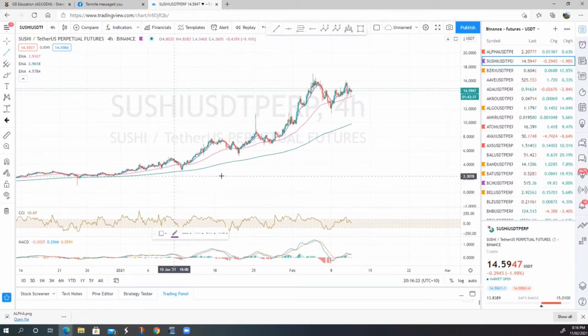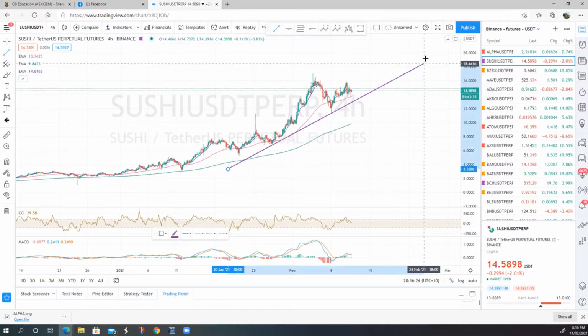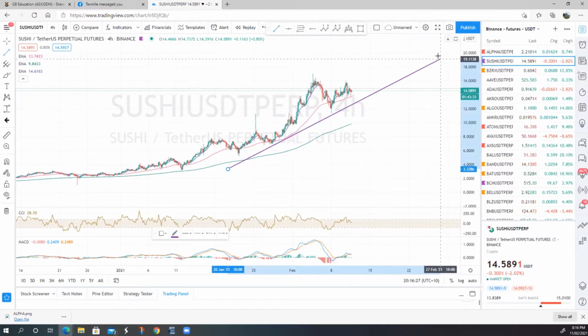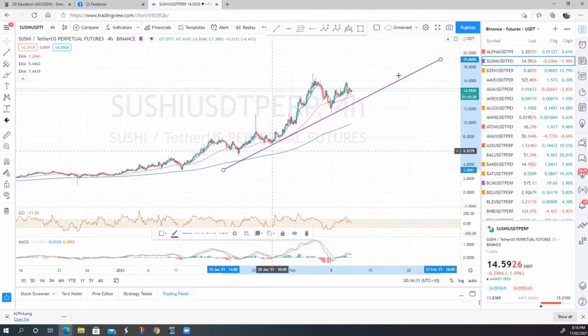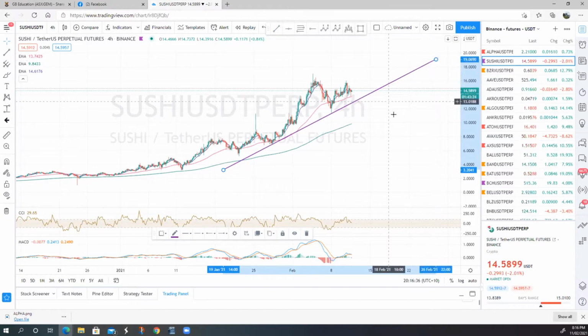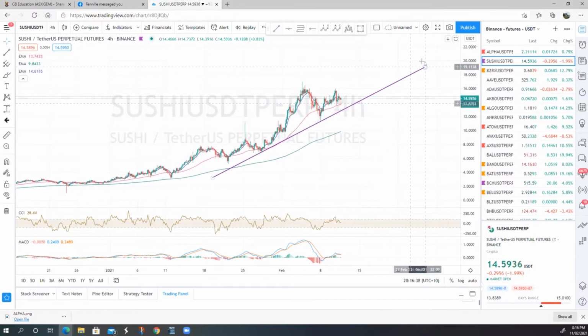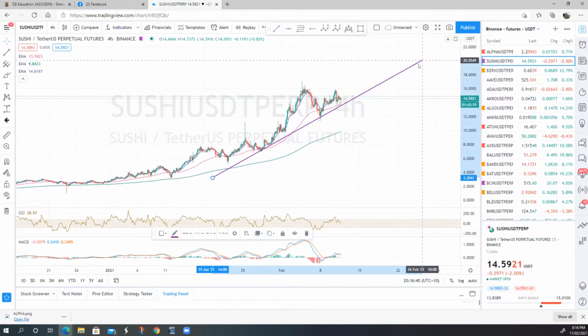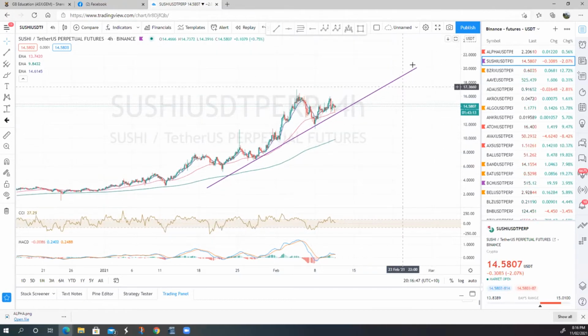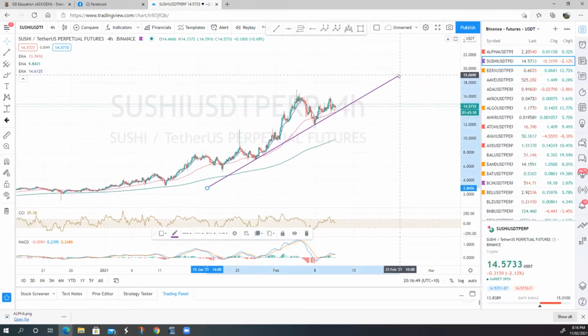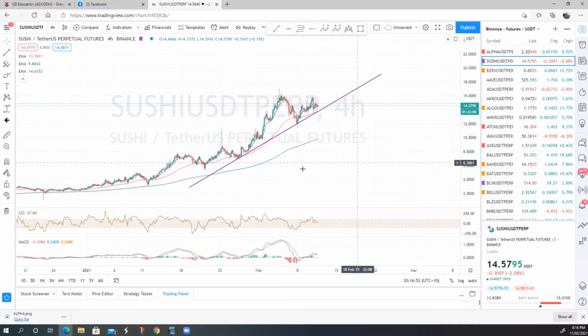When I start, I draw a trend line. To make sure that it's valid, I make sure that I have 3 touches on it. So here you can see I've got 1, 2, 3, 4.